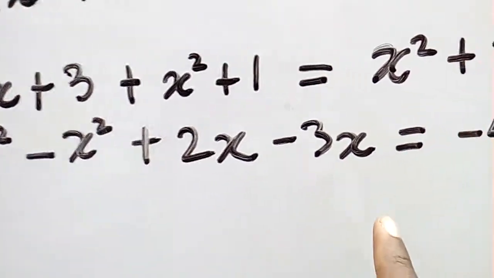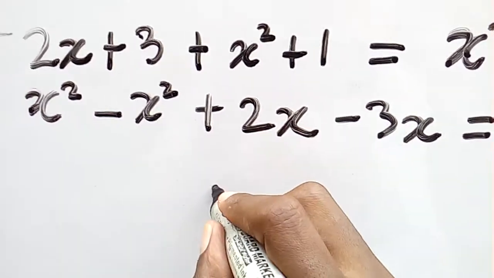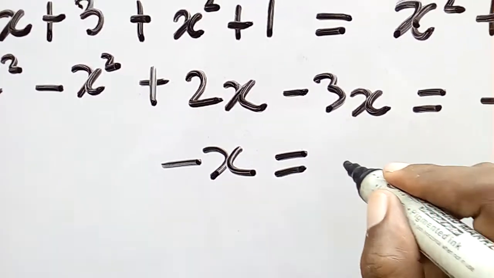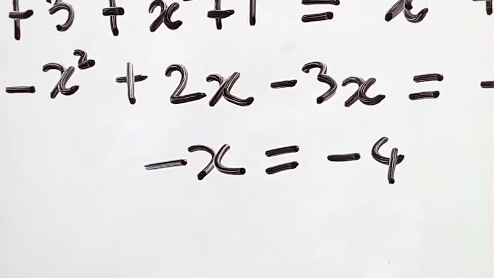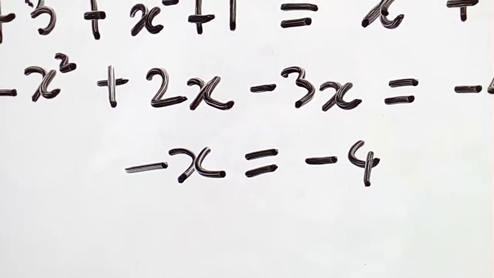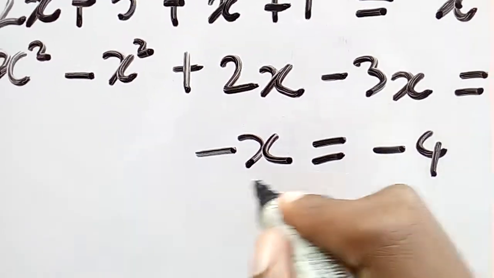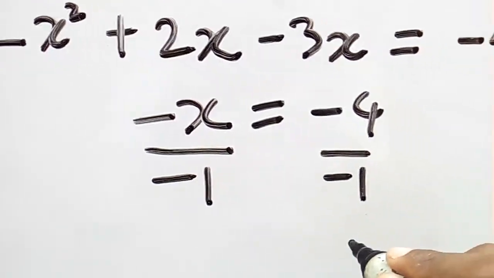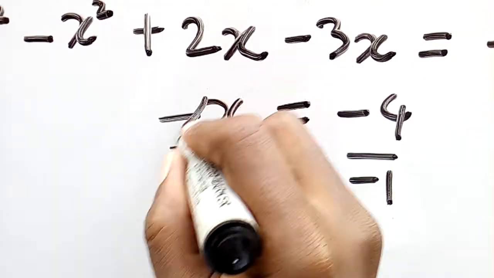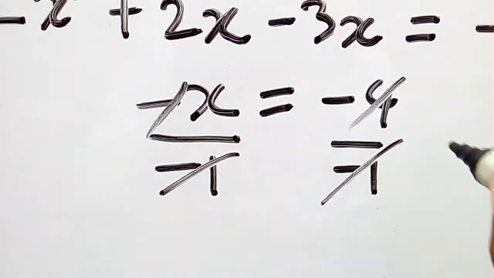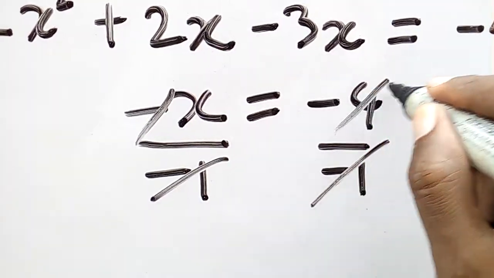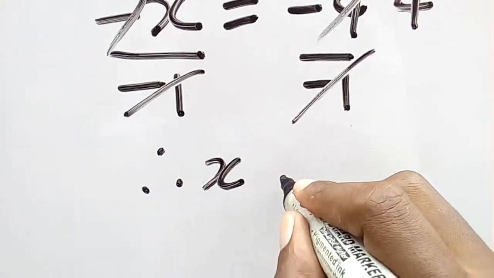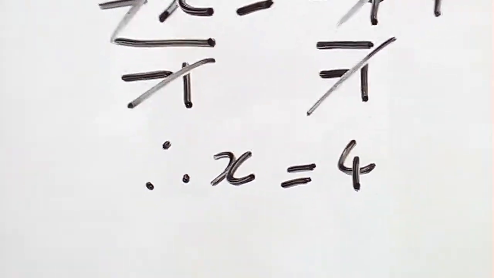Okay, so 2x minus 3x will give me minus x, or minus 1x, which is as good as minus x, and I have that. Okay, so I have minus 4 on the other side. Alright, so I'll quickly divide both sides by minus 1. Okay, and 1 into 4 is 4. So I'll have that, therefore x is equal to 4.